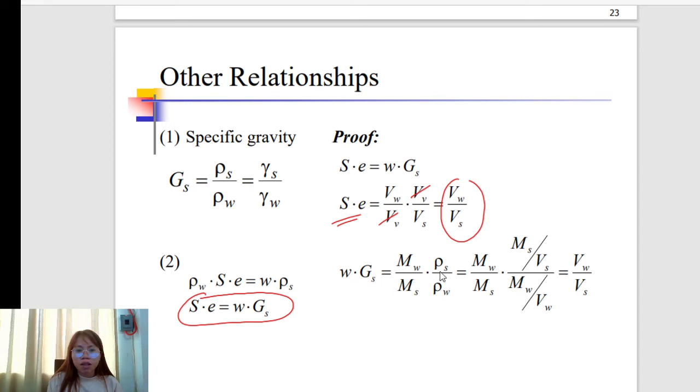And the specific gravity is equal to the density of soil solids divided by the density of water, no?